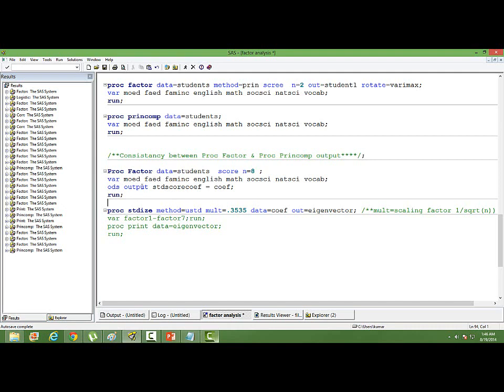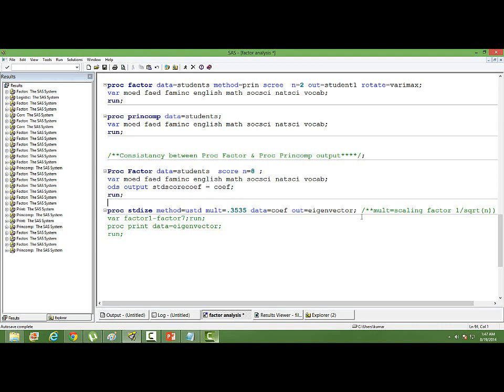Now let us use this code: proc factor data students, and then we're scoring. We are getting output for all the principal components here. We are forcing it to give all the principal components for the input variables, and then we have used ODS output where we have got the standardized coefficients in this particular data set, COF.